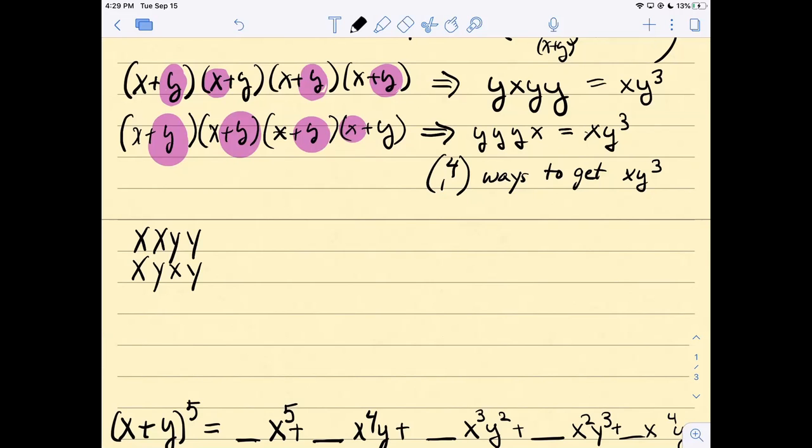And these, by the way, correspond to picking the x first, then x, then y, y, from x plus y, x plus y, and so on. So basically, any configuration of 4 letters, 2 of them being x's, 2 of them being y's, you can figure out exactly where it comes from in the expansion.